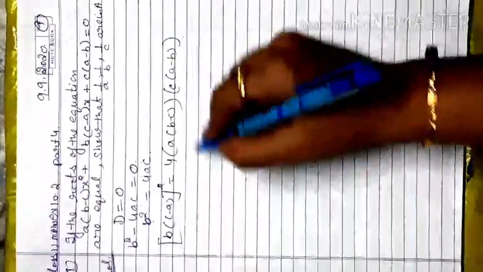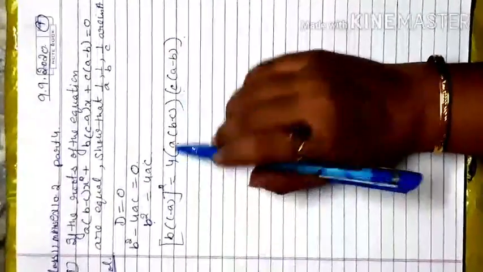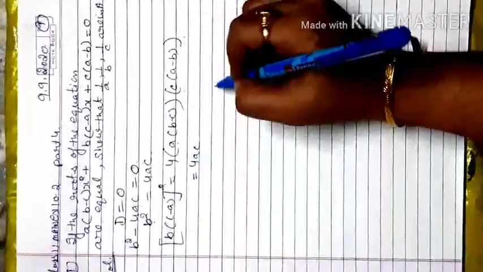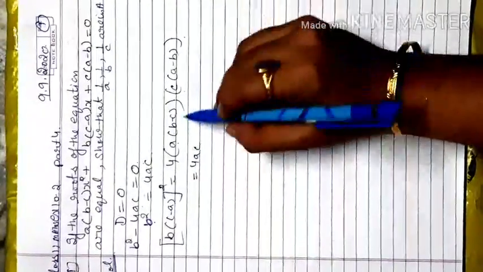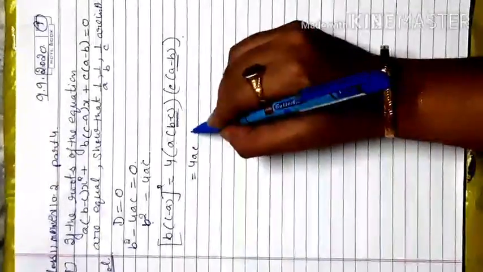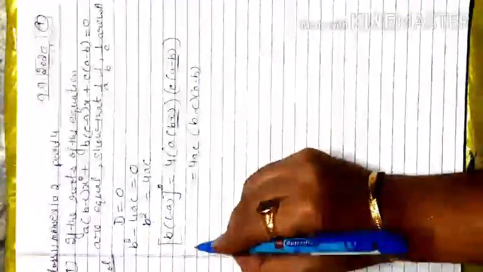Now the next step is to open all the terms. So I multiply (b minus c) and (a minus b) again.